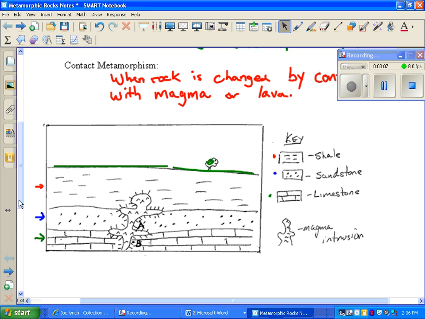And then right in here, there's magma that's melting its way up through those rocks. And right where they make contact, right along the edges here, is where you're going to get contact metamorphism. So what you'll see on one of these diagrams is you'll have a magma intrusion like this, and it'll show little lines showing where that contact metamorphism is.